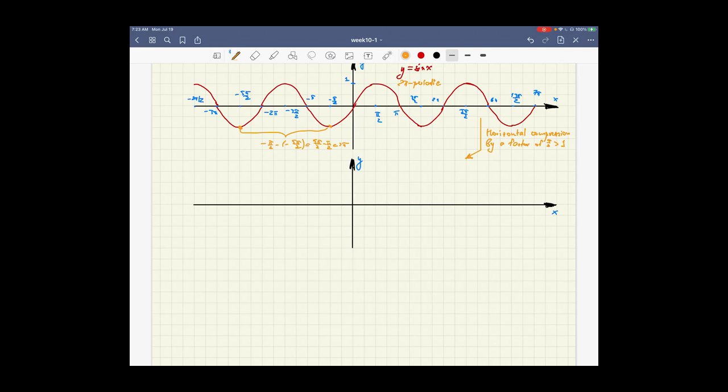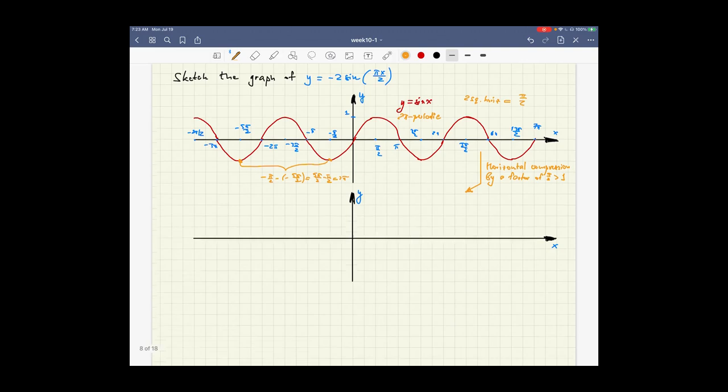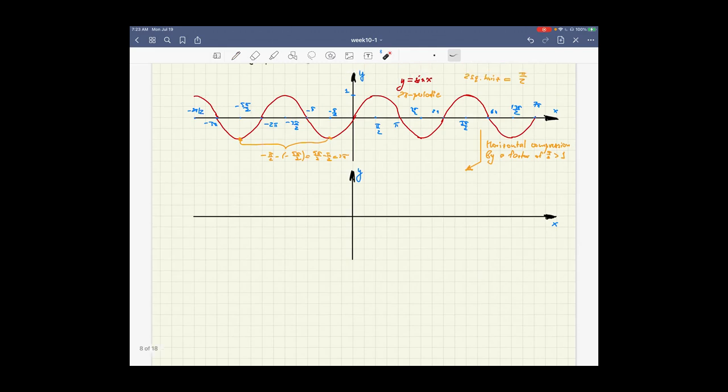So again, let's keep track of our scale along the x-axis. So here we had 2 squares horizontally. That's pi over 2. Let's keep here a different scale. This time, let's say 1.5 squares will be pi over 2.